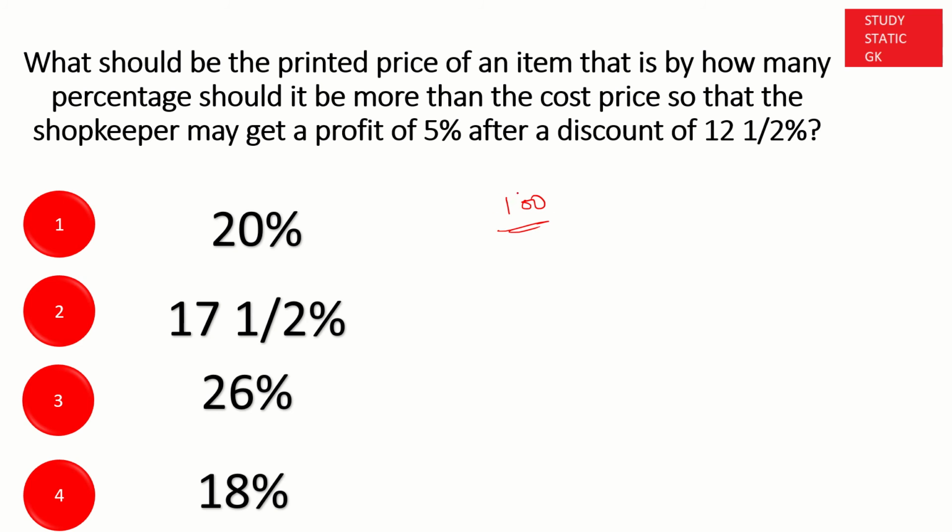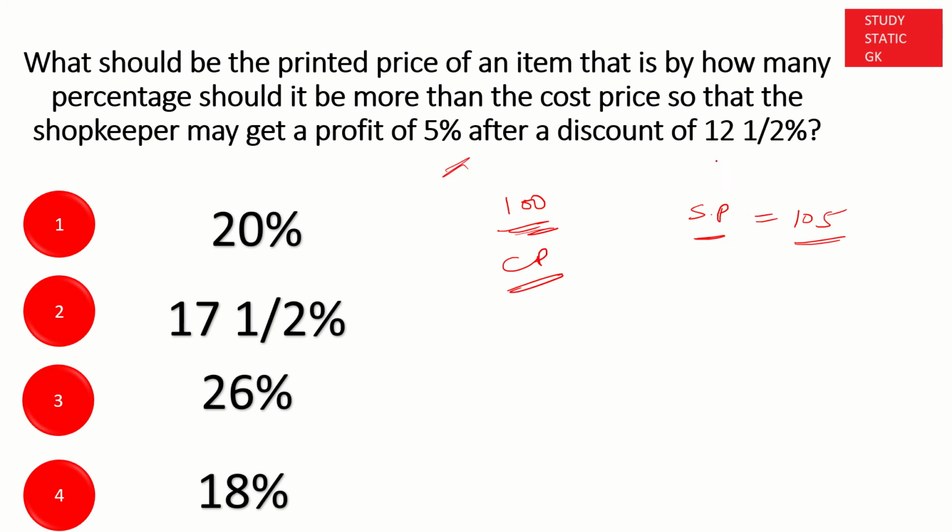So the question is, by how many percent should the printed price be more than the cost price, so that the shopkeeper may get a profit of 5%. So this is the cost price, right? And selling price is like 105, because he needs 5% profit, so selling price is 105.